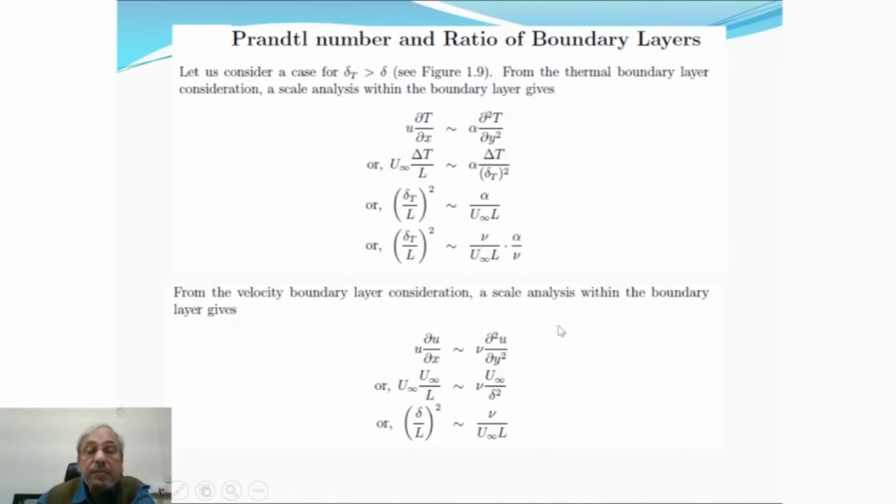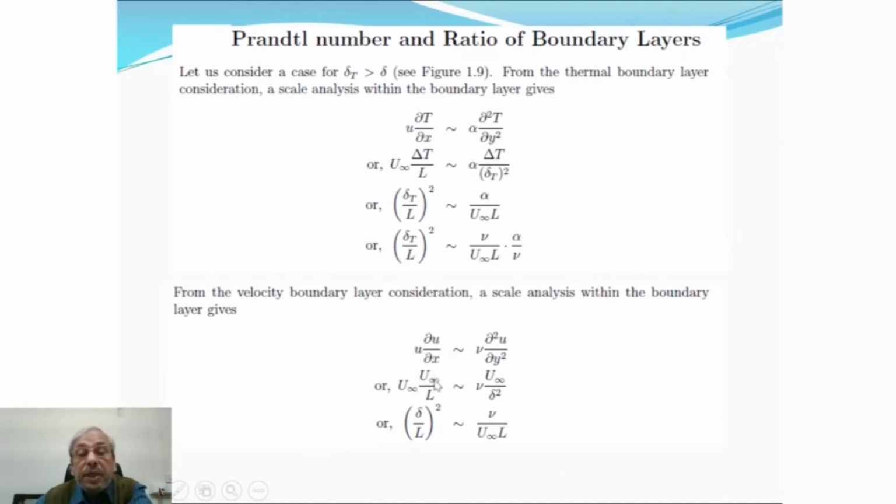So from the velocity boundary layer, again we can do the same order of magnitude analysis within the boundary layer. We can say that the highest convective term is of the order of the highest diffusive term. So U ∂U/∂x is of the order of ν ∂²U/∂y². Here again we can substitute the highest representative terms of U and x.